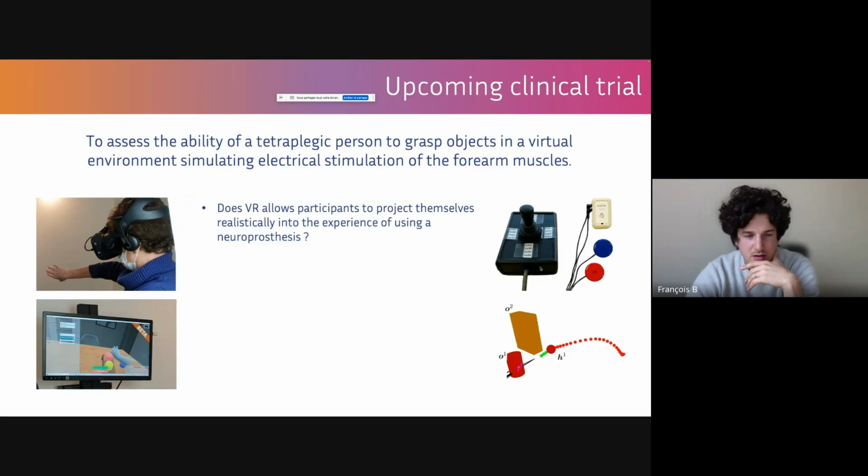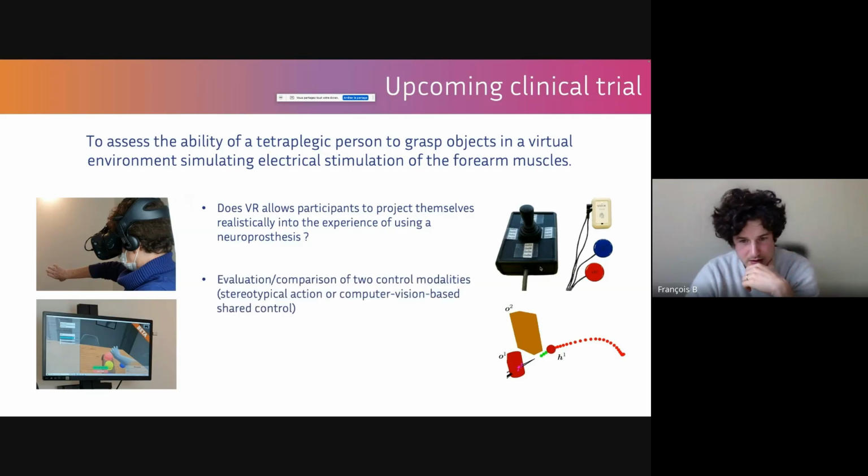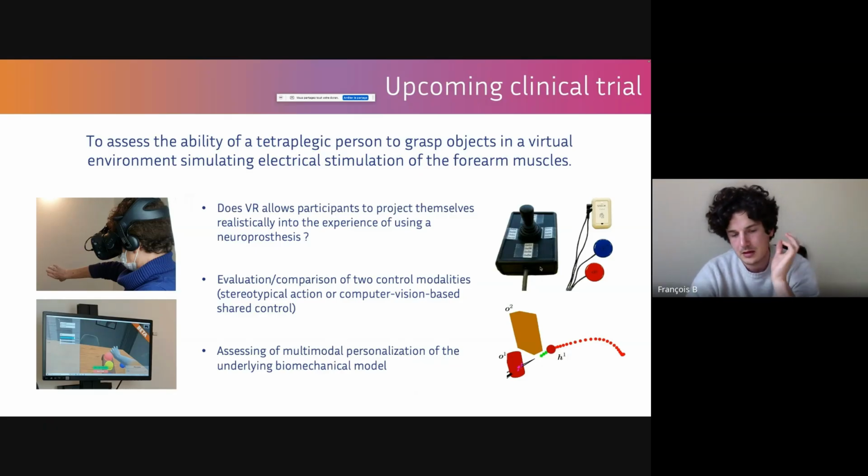And we believe that virtual reality is an interesting tool to help participants in the clinical trials project themselves into the experience of using a neuroprosthesis before having it implanted. And yeah, we want to evaluate several control modalities within this framework and to see whether the personalization of the biomechanical model can help the embodiment in VR.